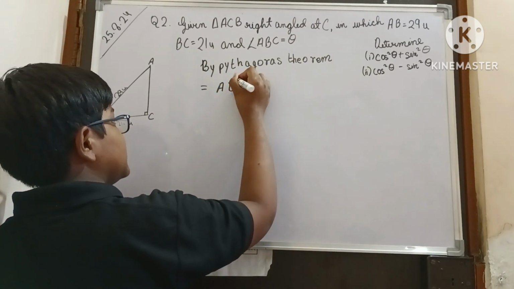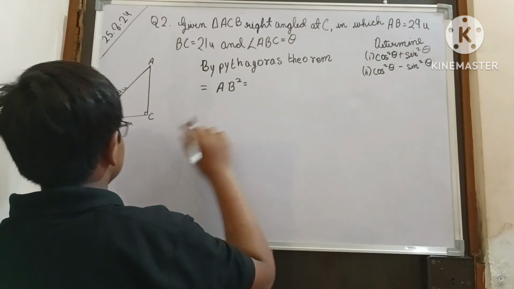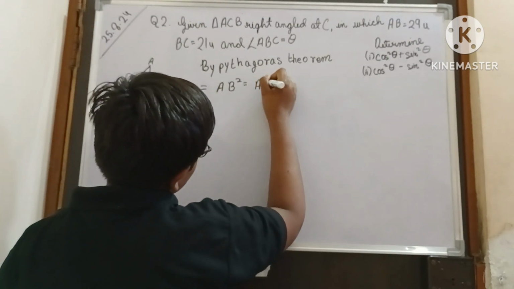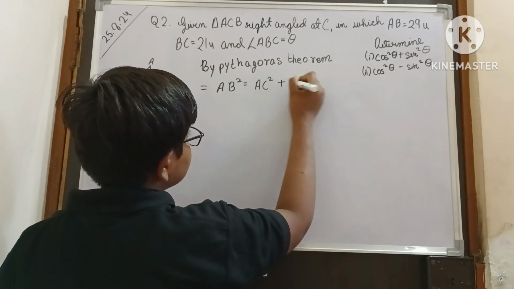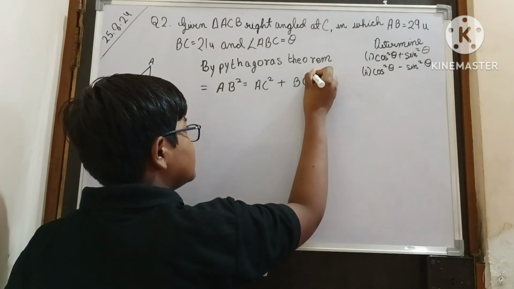Its formula is AB squared gives AC squared plus BC squared.